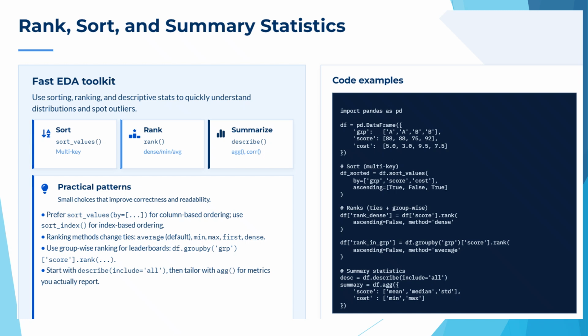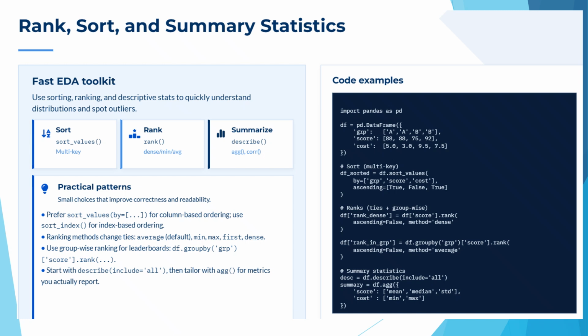Fast EDA Toolkit. Sorting, ranking, and summary statistics form a core toolkit for quick exploratory data analysis, helping us understand the structure, distribution, and patterns within a dataset. Sorting allows us to arrange data in ascending or descending order, making it easier to identify trends, top values, or anomalies.